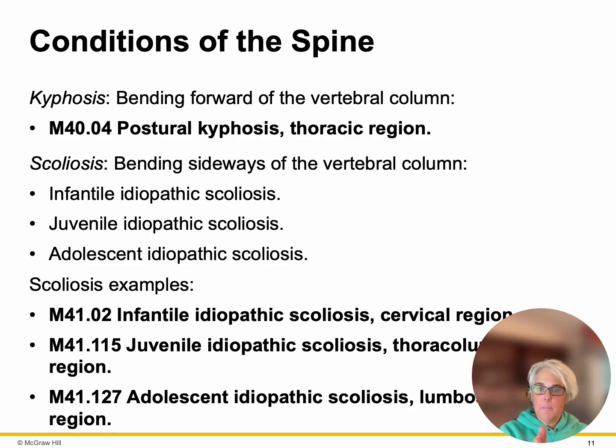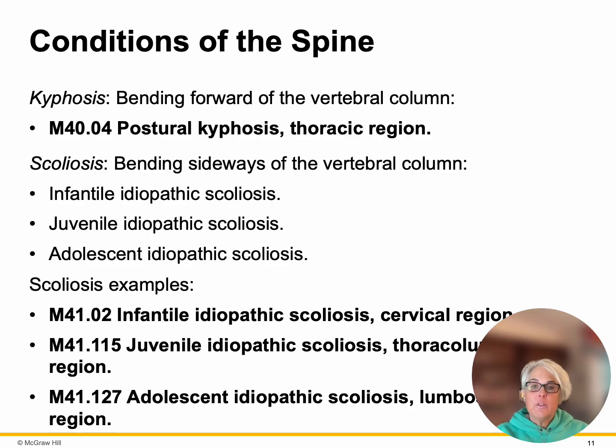So if you were looking at me, for example, my spine might be like that. It might go sideways. Or if you were looking at me sideways and I was leaning forward, that would be the kyphosis.